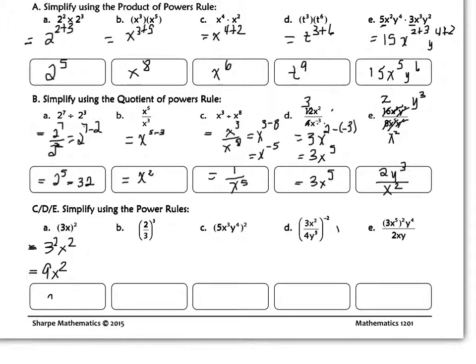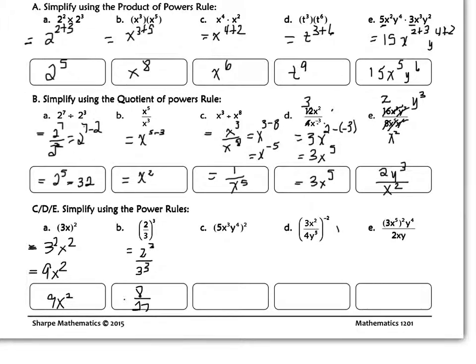So that would be our answer, 9x squared. This one here, it's a power of a quotient, so that means that each part of that quotient, the numerator and denominator, can both be raised to the power of 3, 2 to the 3 over 3 to the 3, which would become 8 over 27.